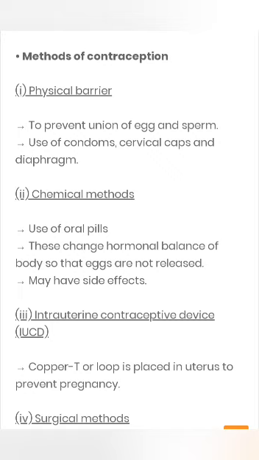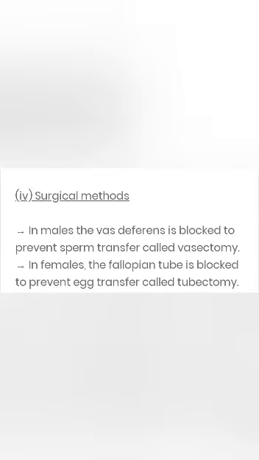This should be done by an expert nurse or doctor. In surgical methods, vasectomy, that is blocking of the vas deferens in males, and tubectomy, that is blocking of the fallopian tube, are followed. So these are the contraceptive methods which are being followed.